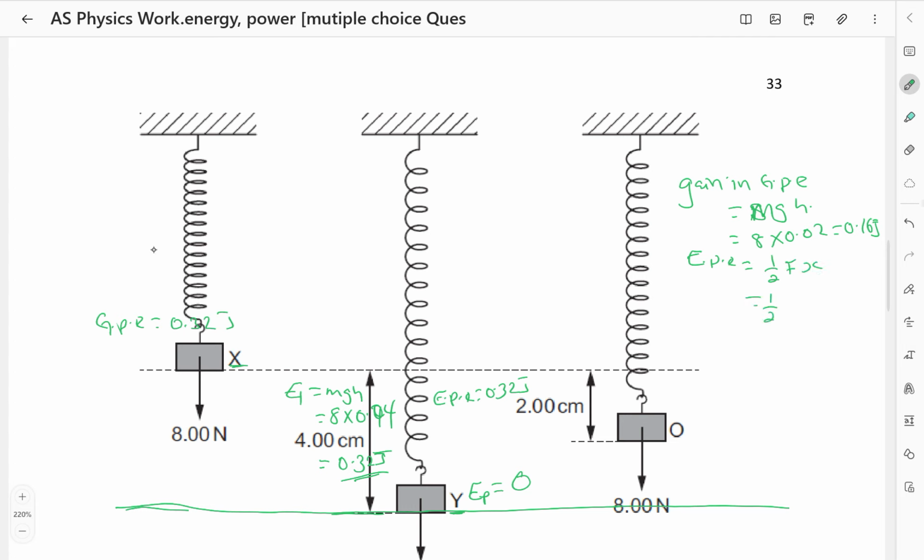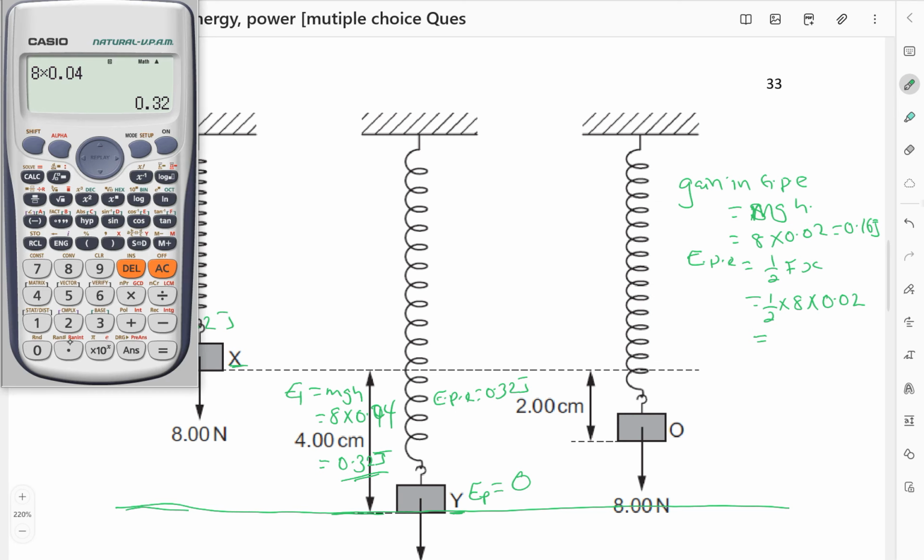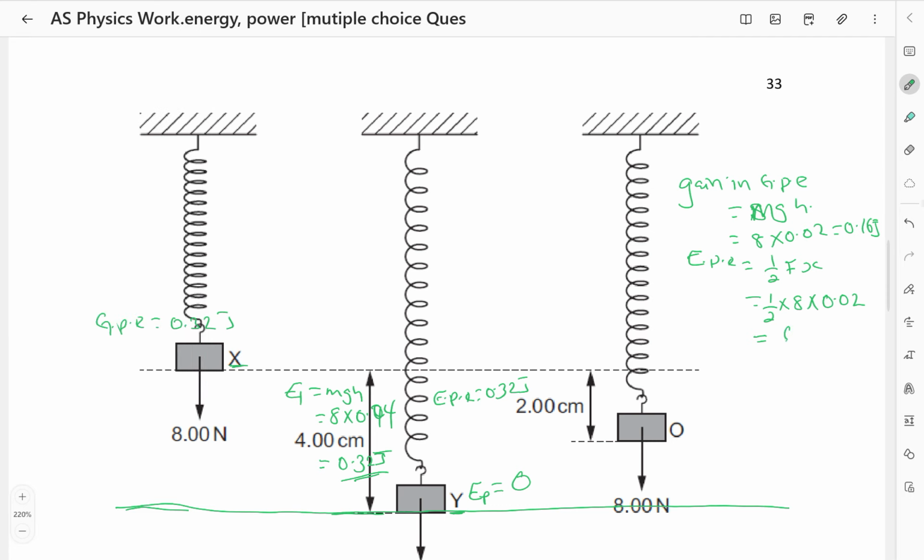F is the weight, which is 8, times x, which is 0.02, because the extension in comparison to position X is 0.02 or 2 centimeters. So 0.5 times 8 times 0.02 gives us 0.08.